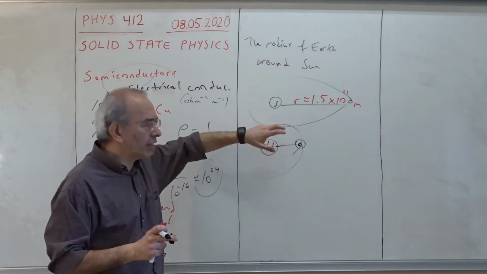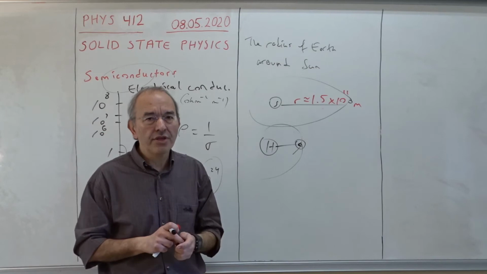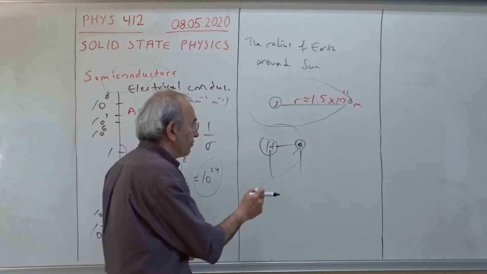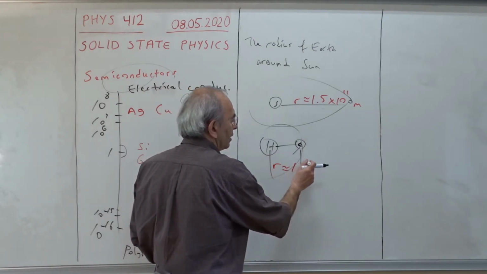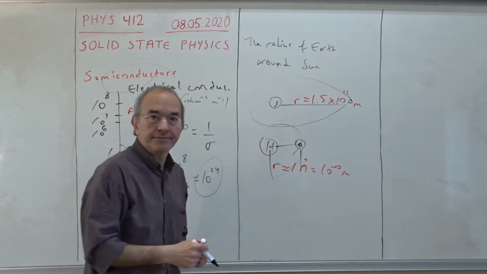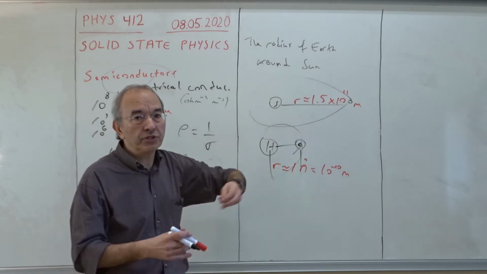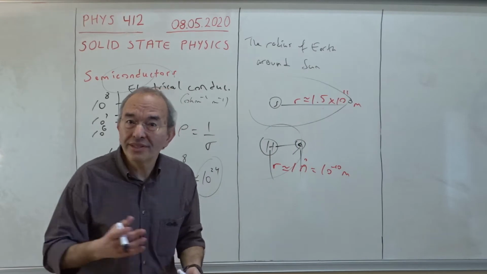Whether it is turning in an orbital way or any other theory, the important thing is the radius of an atom. The radius of an atom is on the order of angstroms. Let's say 1 angstrom. What is an angstrom? 10 to the minus 10 meters. So if you divide these radii, which are extremely far apart, you get the ratio of 10 to the 21.